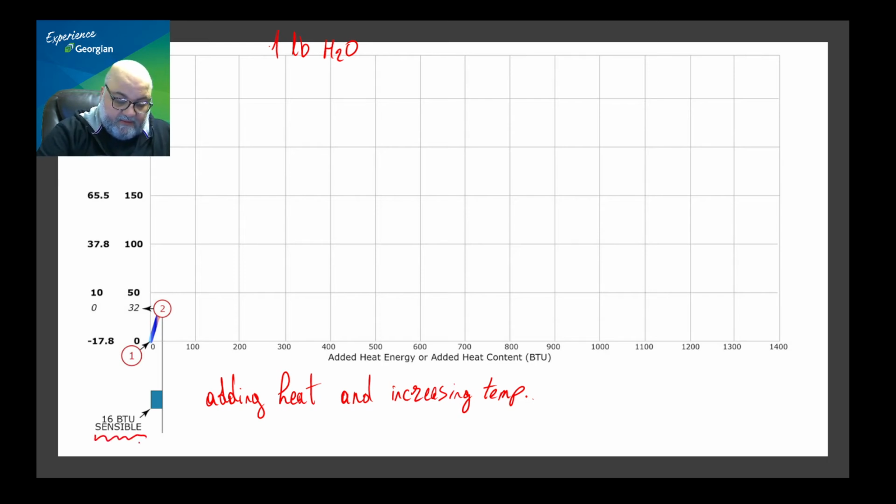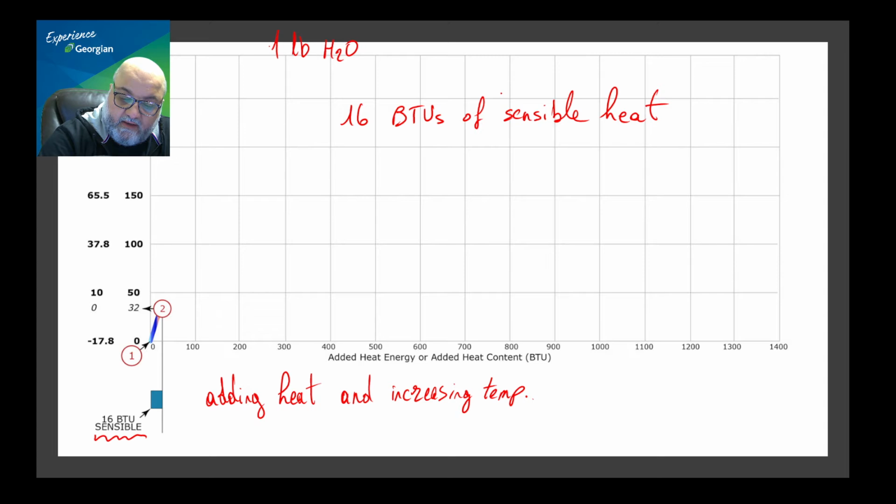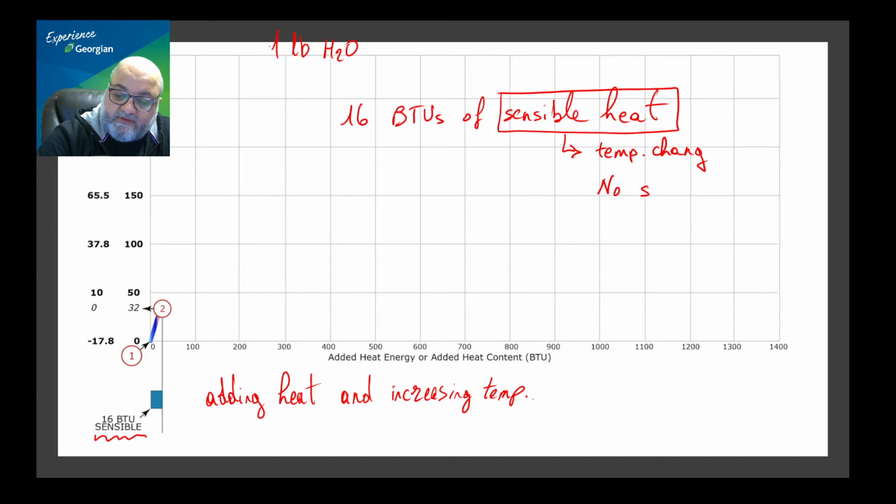So that's your sensible heat, meaning when we added 16 BTUs of sensible heat, okay, and sensible heat means that there is temperature change, but no change of state.